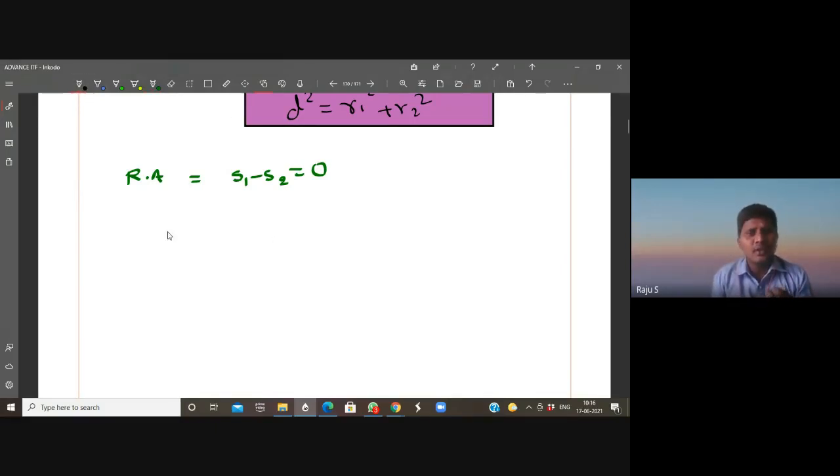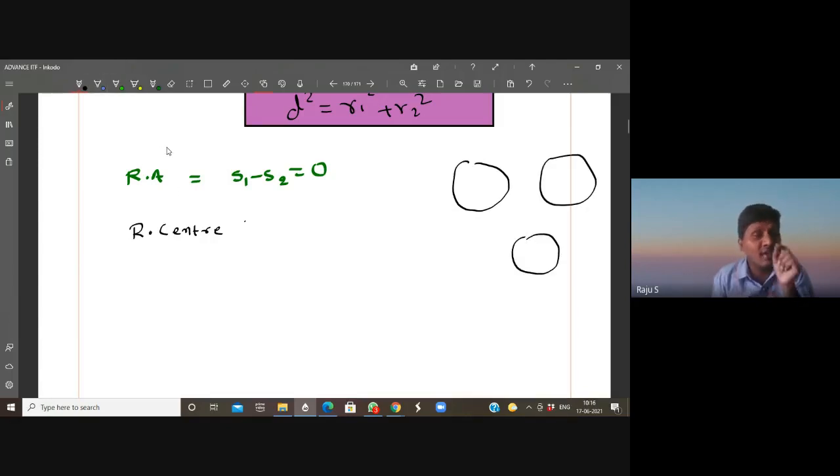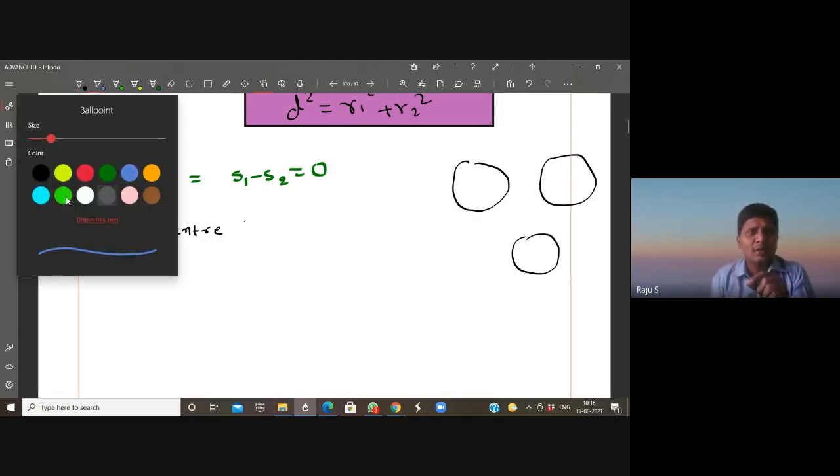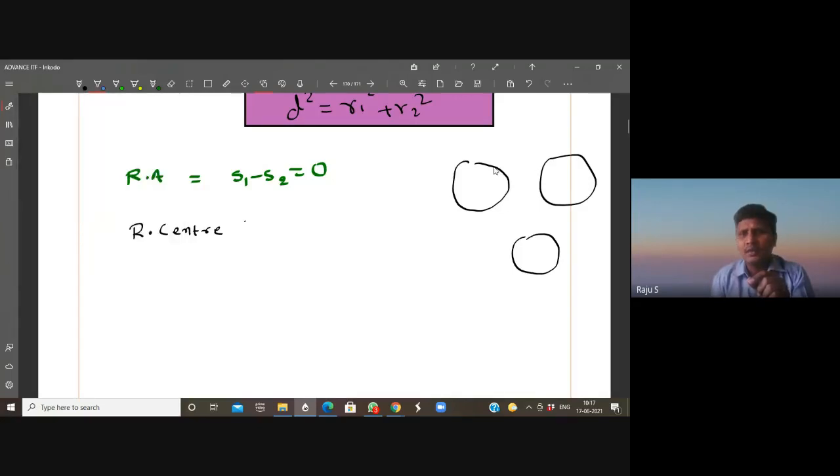And radical center. What is the radical center? To find the radical center, how many circles are required? I said minimum three circles. For the radical axis, only two circles. So how many radical axes are we going to get? This is S1, this is S2, this is S3.